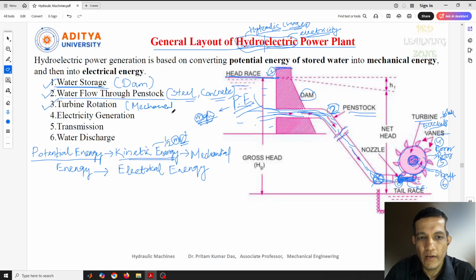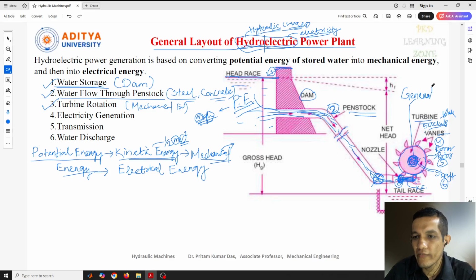This is our mechanical energy. So how is it converted from kinetic energy to mechanical energy at the turbine position? Because it starts rotating, that gives us mechanical energy. And this turbine shaft is connected to a generator.